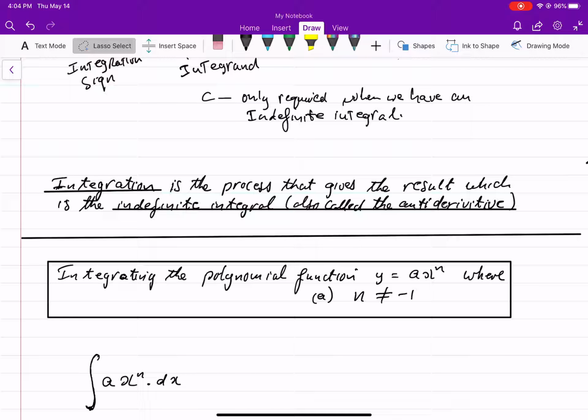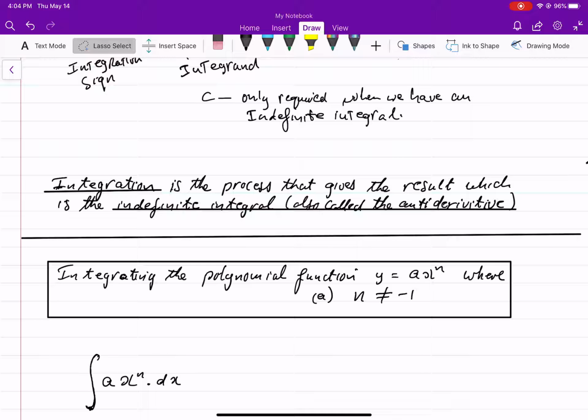Now, you would remember, I always like to draw these analogies so that everything ties together. You would remember that when we started differentiation, the rule or the process that was required to differentiate a function was determined by what type of function you had. If we started out with a polynomial function, which we did, there was a special rule for that. And then later on, we switched to trig functions.